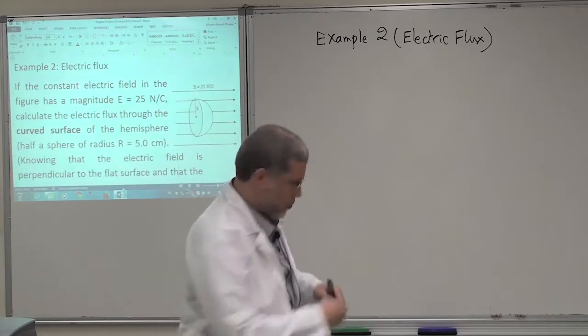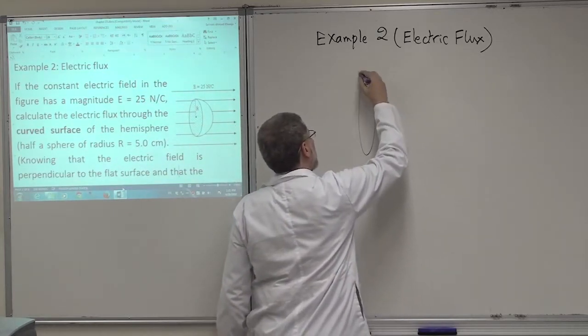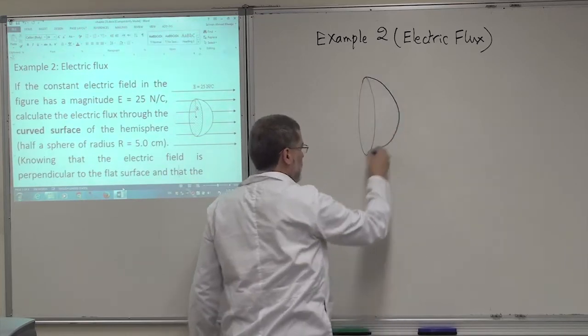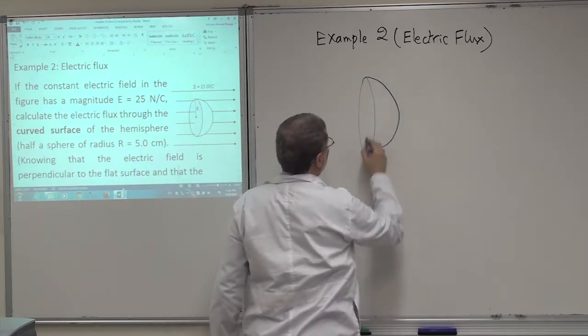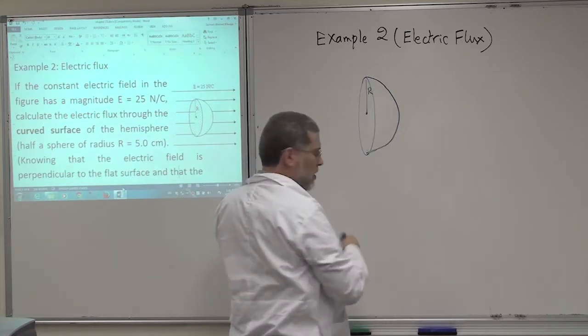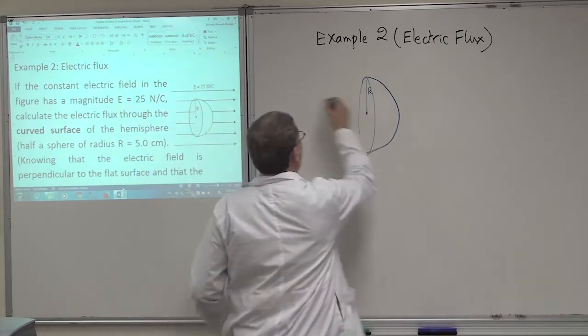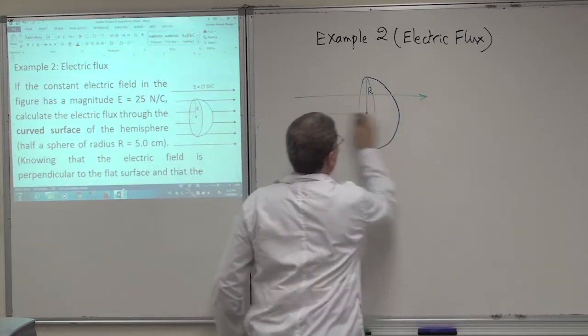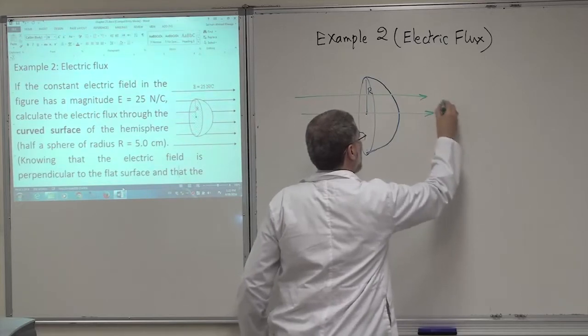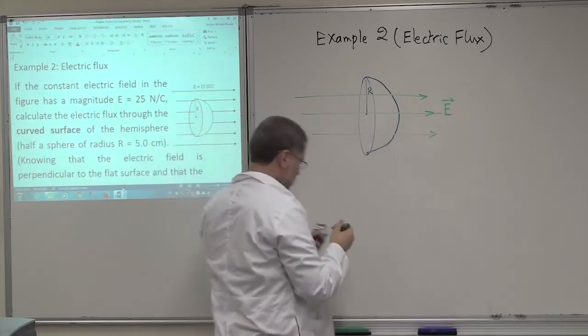Let me just draw this example for you here. That's the flat surface, and this is the hemisphere of radius r. And the electric field is crossing in this direction here. Let me draw it in green. That's the electric field here. It's uniform, and it is given to you: 25 Newton per Coulomb.